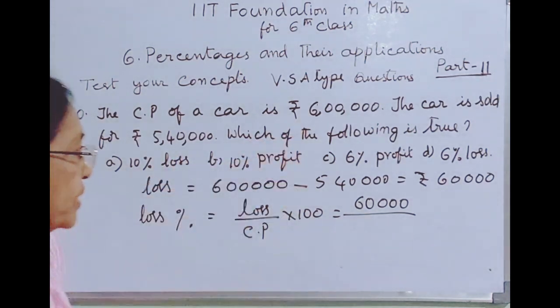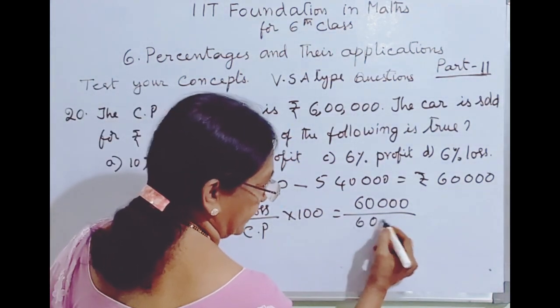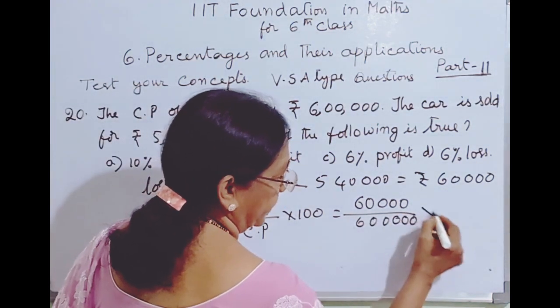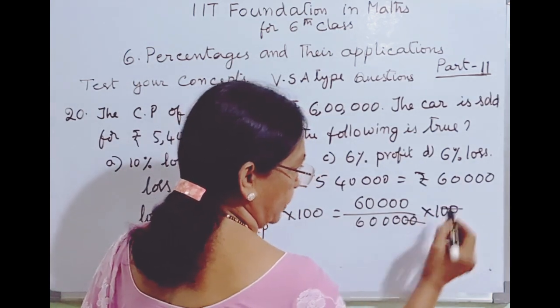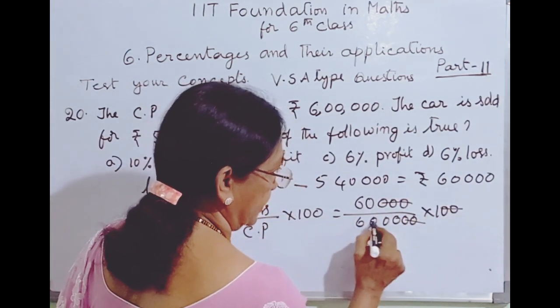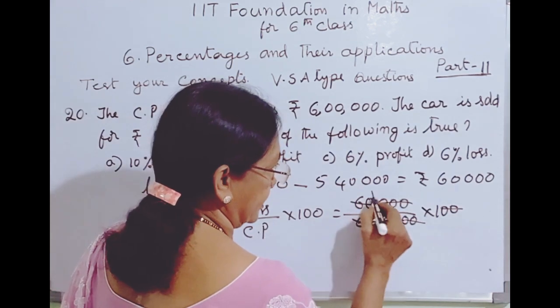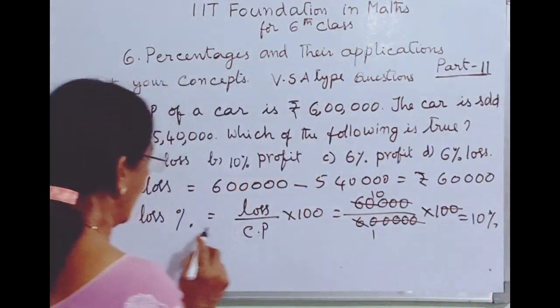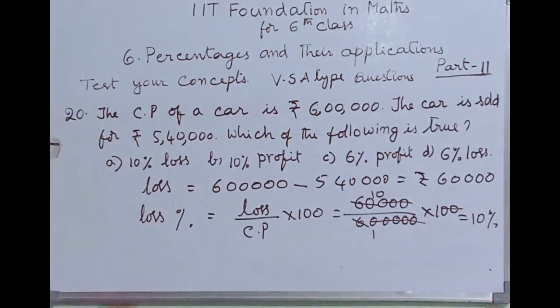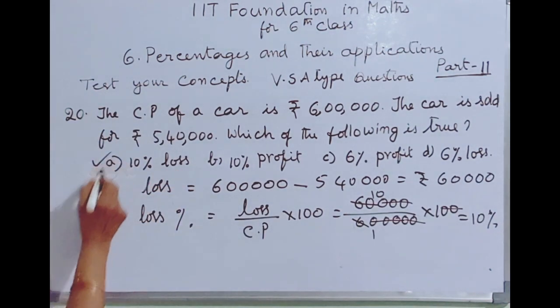What is the cost price? 6 lakhs. 6 lakhs into 100. So 2 zeros cancel, 3 zeros 3 zeros, 6 ones 6 cancel. Therefore this is equal to 10%. Loss percent is 10%. So option A is correct, 10% loss. All the other options are wrong.